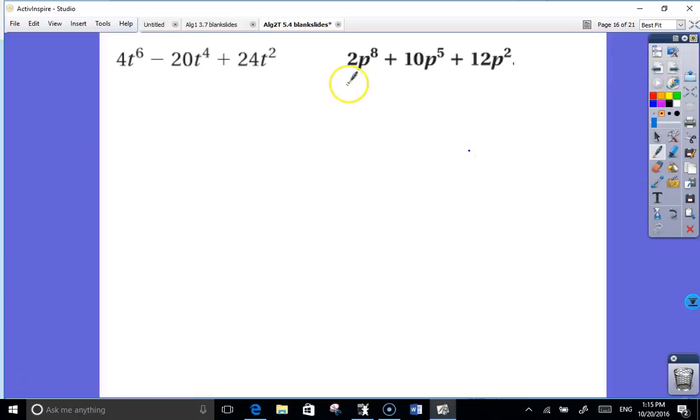So you take out a 2p squared, and what's left is p to the 6th, right? Because remember, when you multiply, you add exponents. So p squared times p to the 6th is p to the 8th. That makes sense. Okay, then the next term is p cubed, okay? And then the next one is 6.